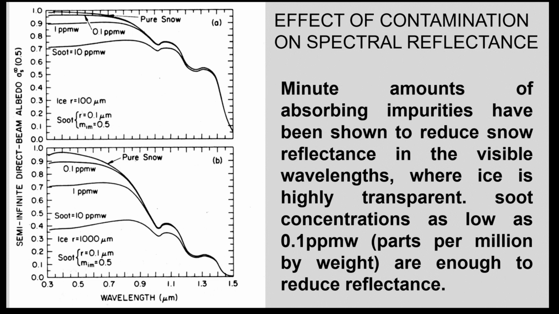That change in reflectance is predominantly in this part of the electromagnetic spectrum, 0.7 to 0.9, while the region around 1.1 which is sensitive to grain size is not significantly affected by the contamination.